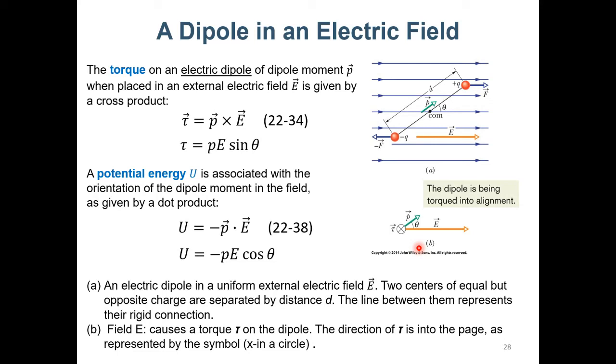Because in the E field, this is a positive charge and the E field points to the right, there will be a force dragging this one to the right side. However, this is a negative charge, and the E field points to the right, so there will be a force dragging this one to the left side.